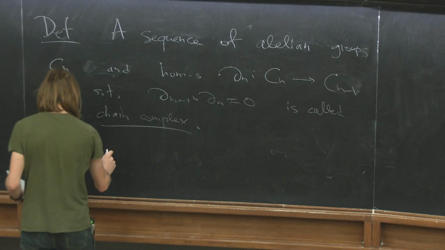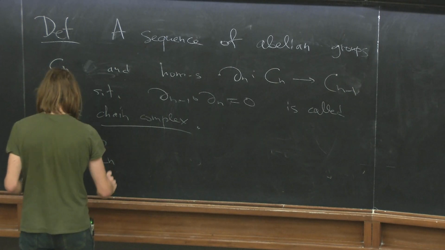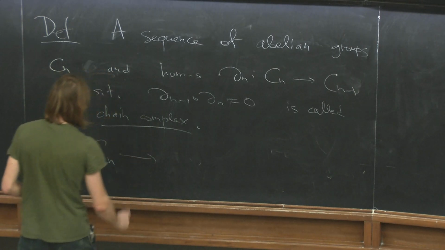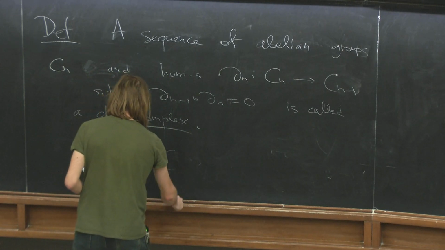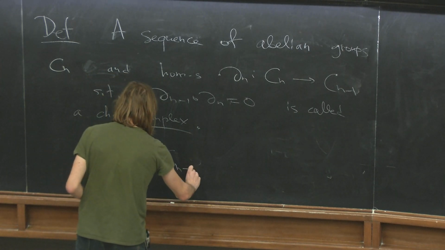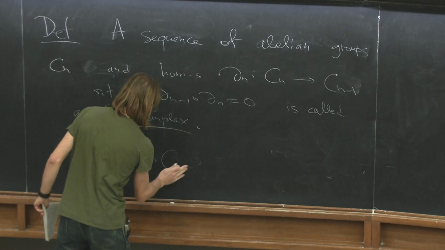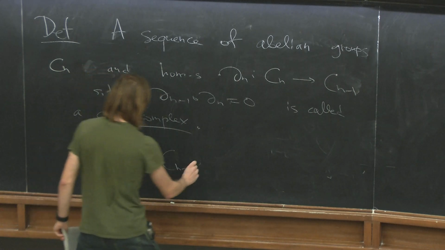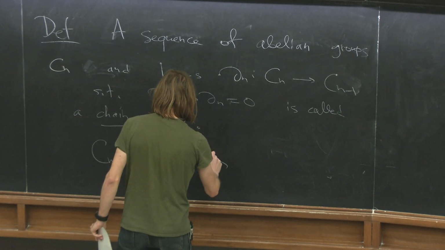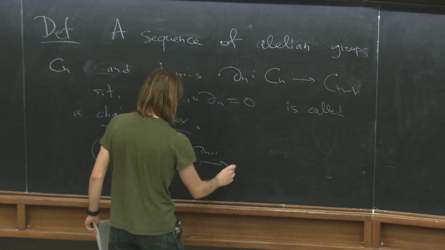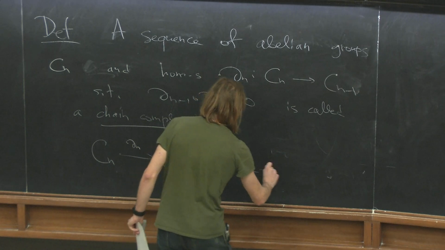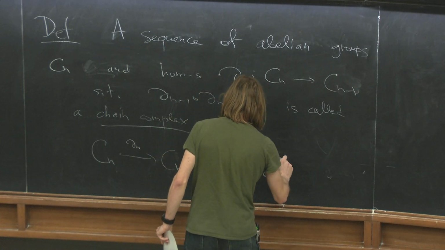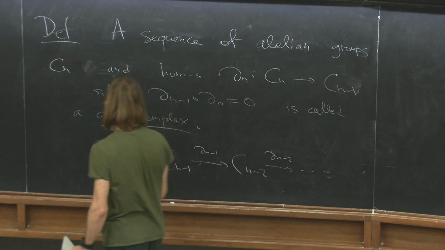It's often useful to denote this sequence using a long diagram like this. This is the map dn, and then we have dn minus 1, n minus 2, and so on.